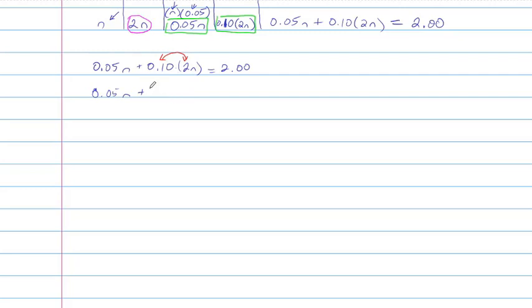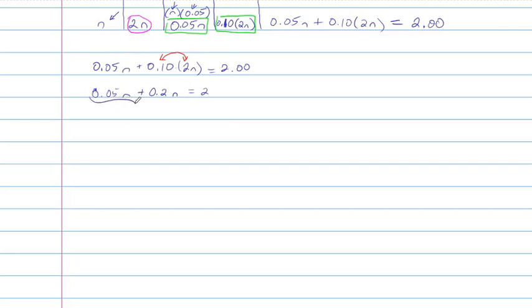You can do this in your calculator, but you're going to get 0.2, or 0.20 if you want the trailing 0. Then we have n equals 2. I'm going to drop the decimals here because they don't add any information. 2 is the same as 2.00.